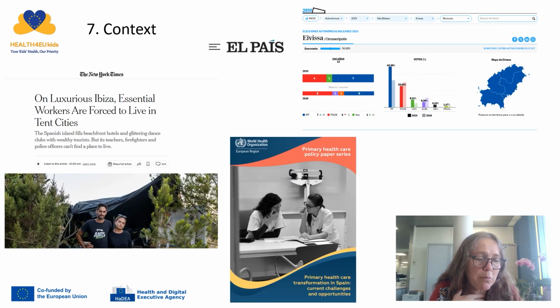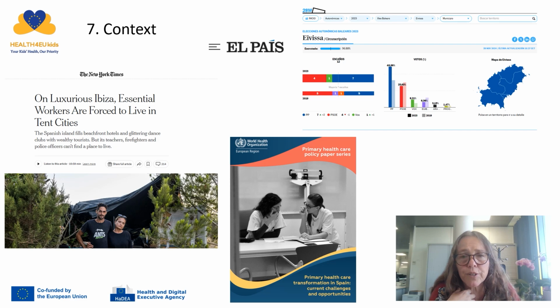The island of Eivissa is mainly devoted to tourism and is a complex context with high rates of immigration, with high socioeconomic inequalities, and a significant housing problem, especially for temporary workers. At the same time, primary healthcare in Spain was one of the best in the world, but now is changing, somehow losing its essence.